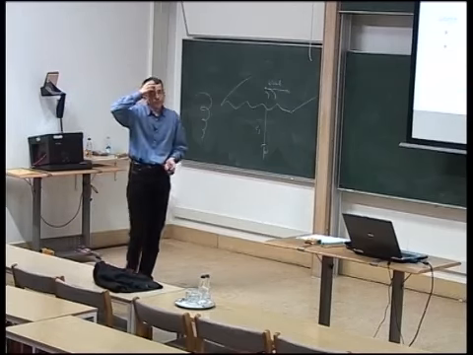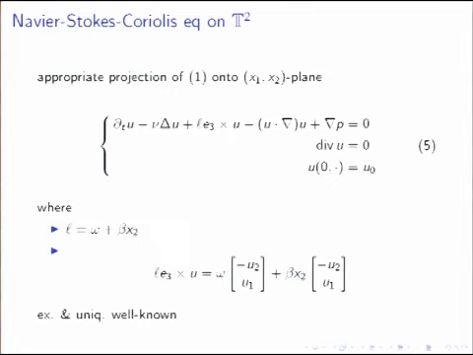And now I will talk a little bit about the two-dimensional case, which is, as for the stochastic Navier-Stokes equation or the Navier-Stokes equation itself, easier. So this will be now the so-called Navier-Stokes-Coriolis equation on the two-dimensional torus. What you basically do now is a projection of this model onto a fixed layer.